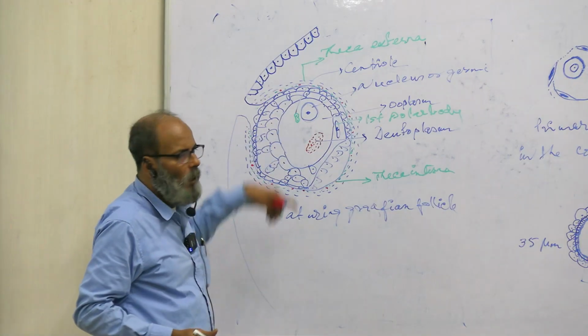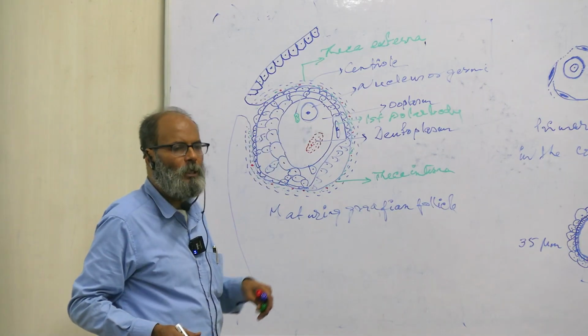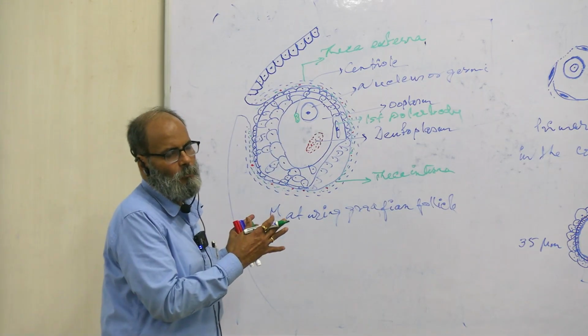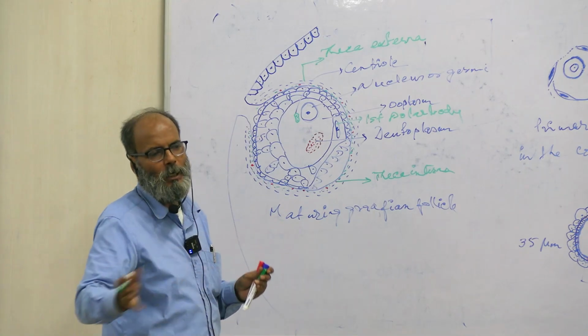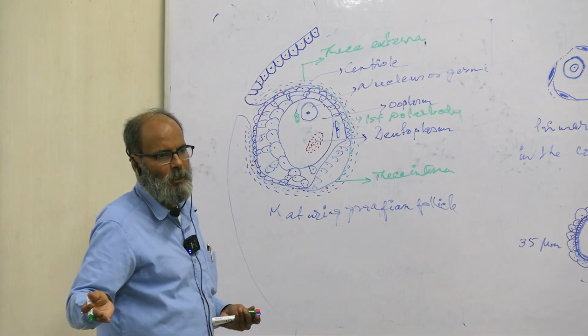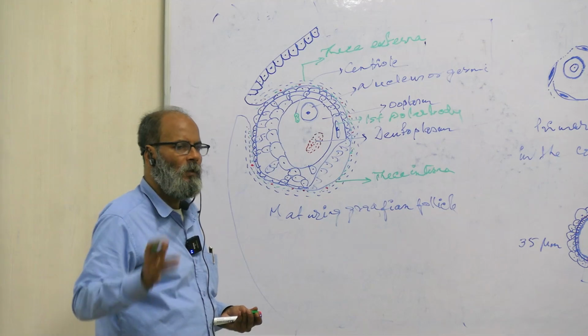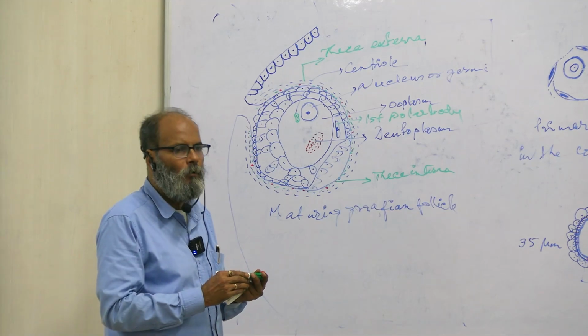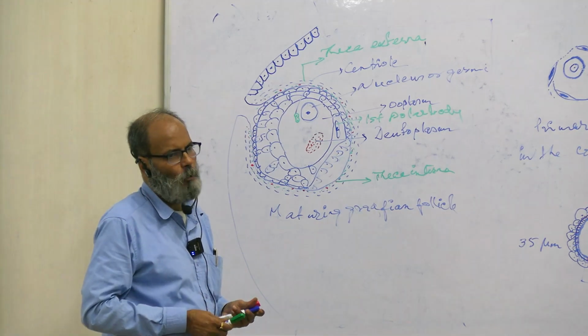And after formation of the first polar body, this secondary oocyte enters into the second meiotic division, but doesn't complete it. It gets completed after fertilization. Got my point?